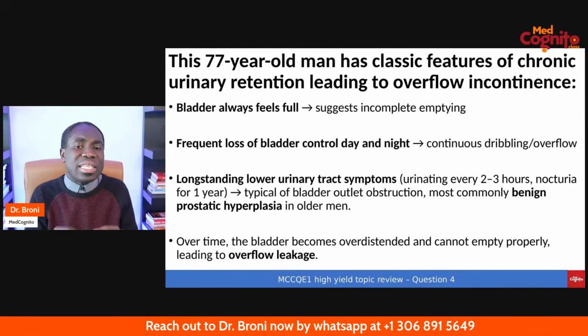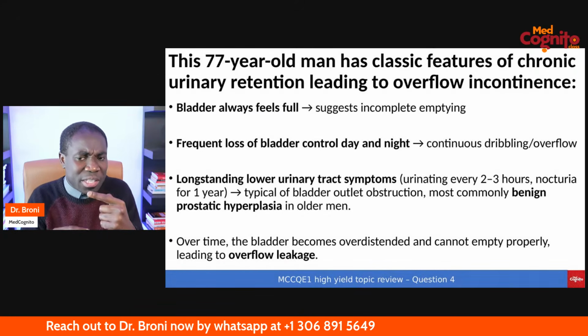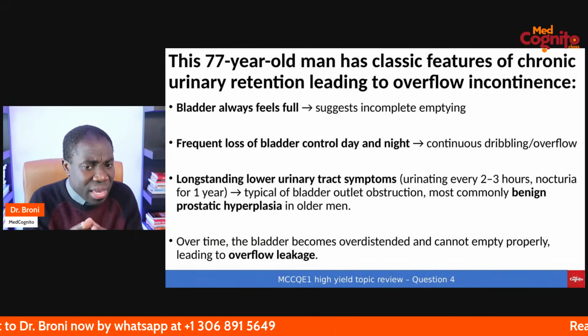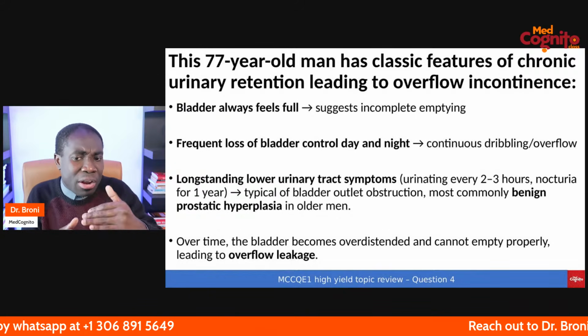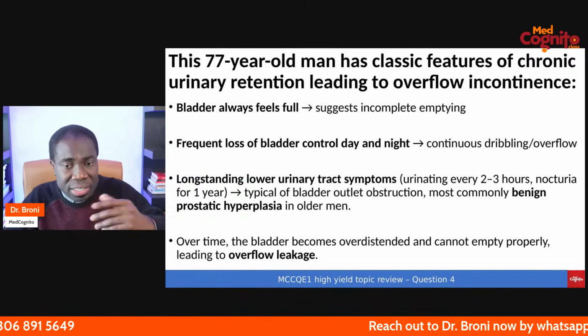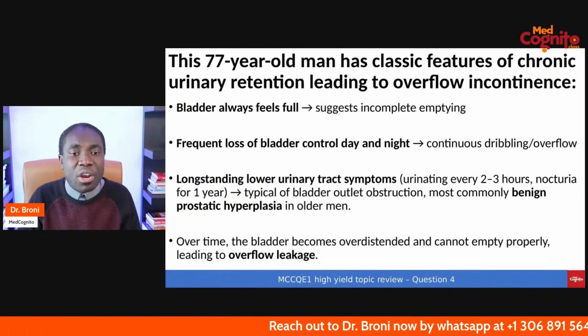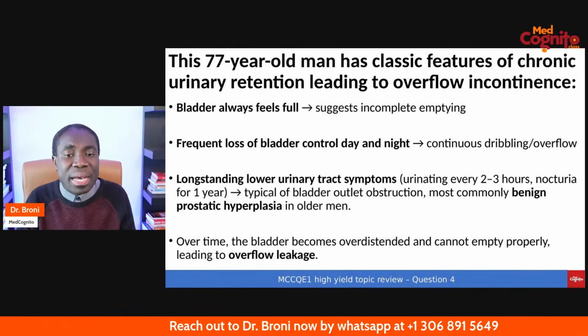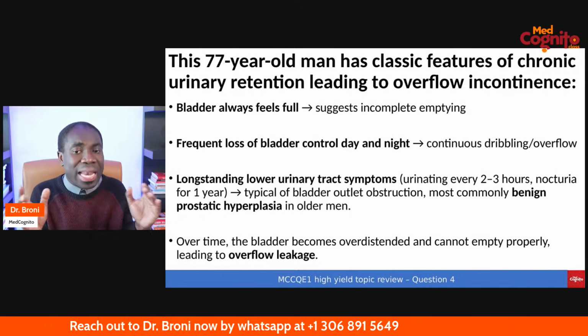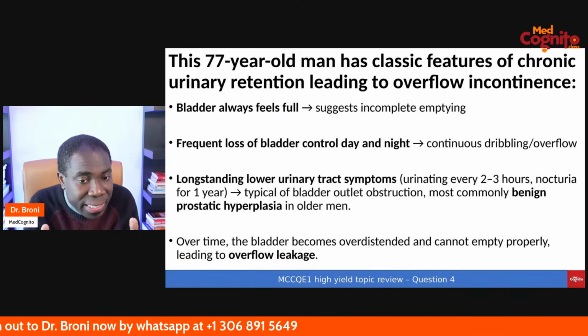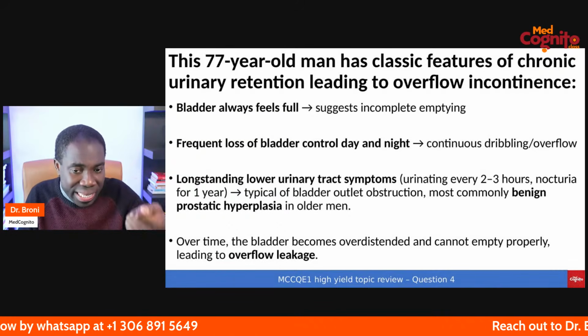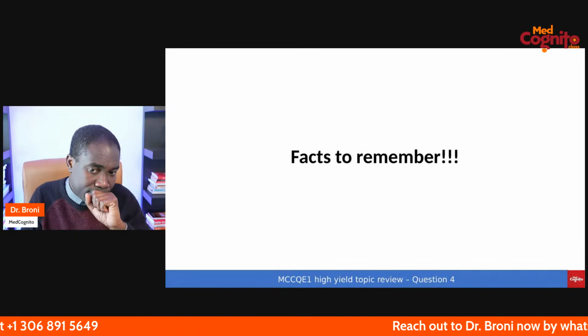If he's urinating every 2 to 3 hours, if there's been nocturia for a year, this is typical of bladder outlet obstruction. And we've learned this. I'm just trying to re-emphasize it. And over time, the bladder becomes overdistended and cannot empty properly, which leads to the overflow leakage.